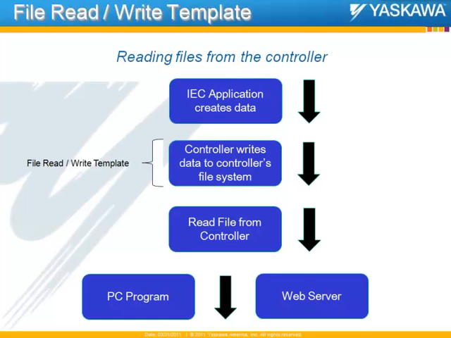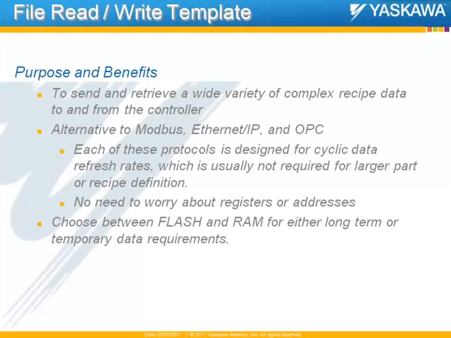So here's some of the purpose for this template and the benefits. You can send and receive a wide variety of complex part recipe data, and I think it lends itself more directly to doing that than the other communication protocols available, because Modbus, Ethernet IP, and OPC are more designed for a cyclic set of data with a refresh rate.